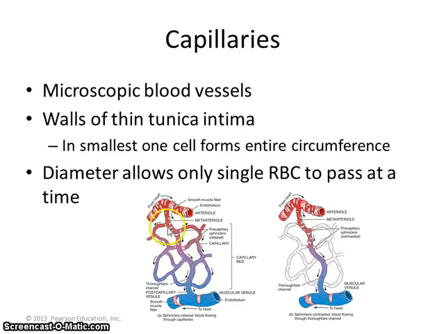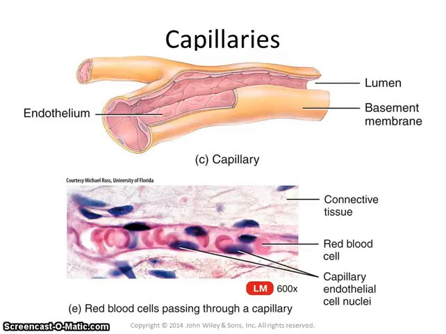So here's an arteriole leading to a capillary bed, and you can see the color change from red to blue, showing that the oxygen is diffusing from the blood into the tissue, the cells around the blood vessel. The cells here are a single layer of epithelial cells, simple squamous epithelium.